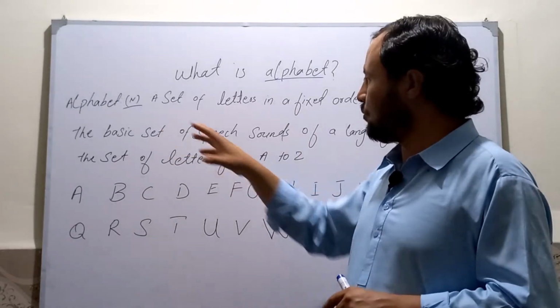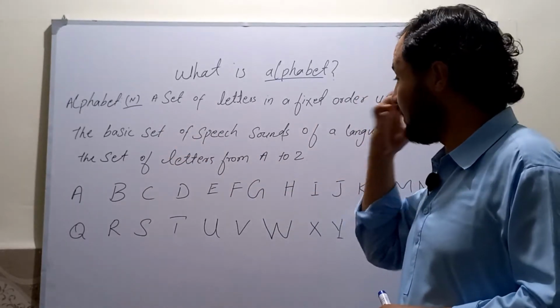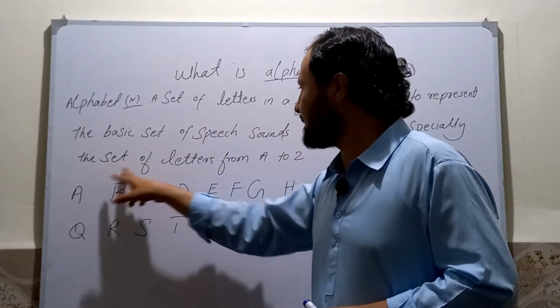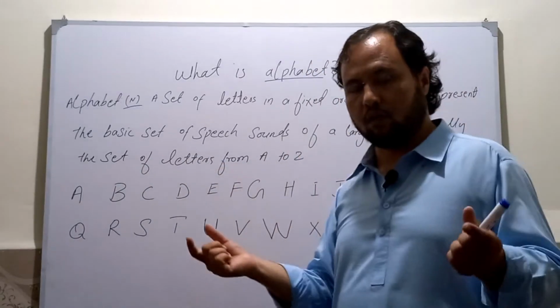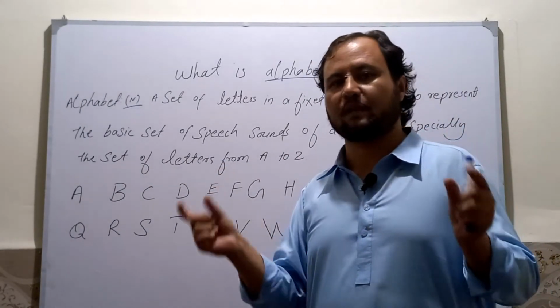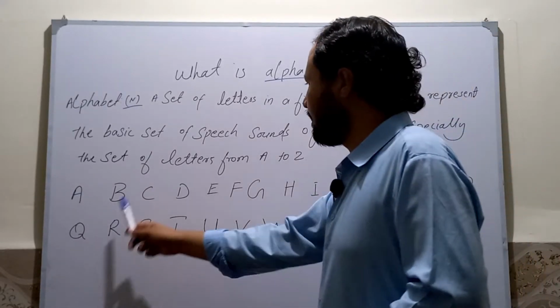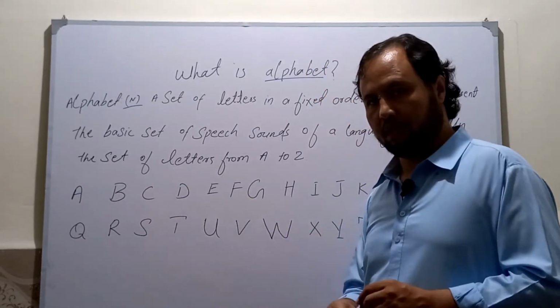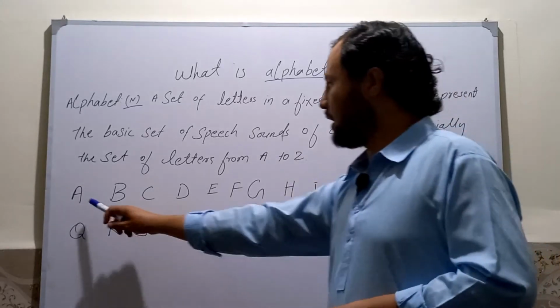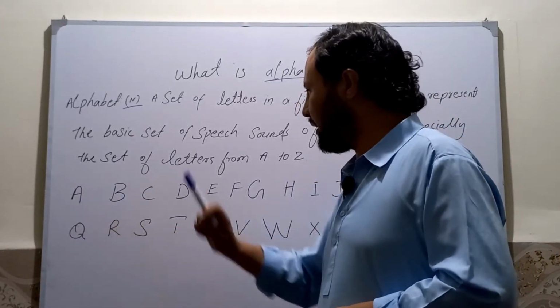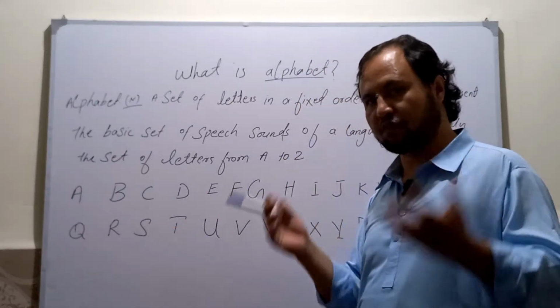More briefly, if I should define the alphabet, alphabet is the set of letters from A till Z. We call it alphabet, which should be in a specific order. For example, this is the alphabet. They are in a specific order, like A, B. Let's pronounce them together.